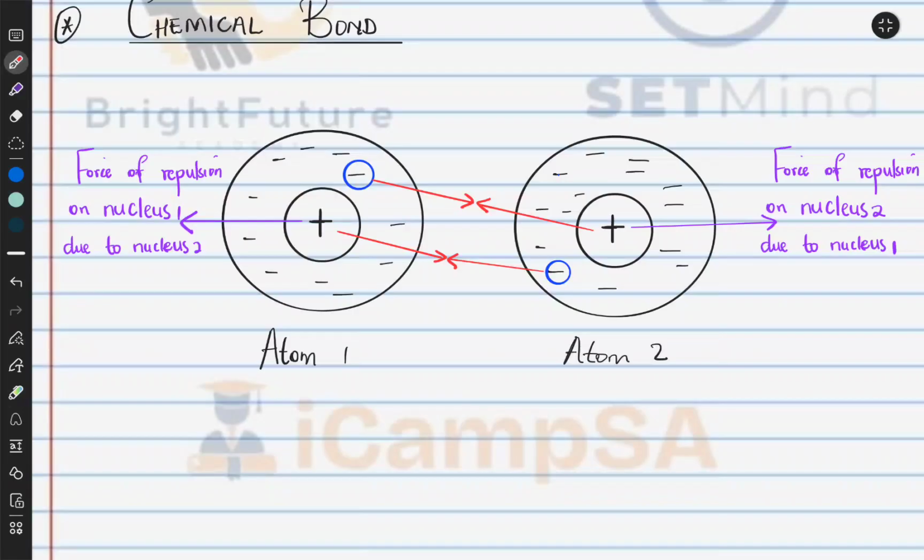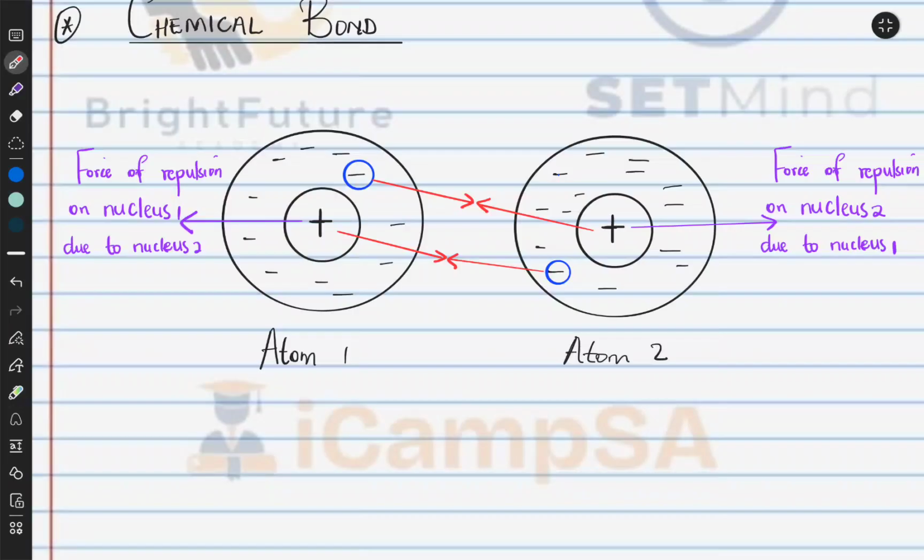There are repulsive forces, which is when the nucleus of atom 1 is exerting a force of repulsion on the nucleus of atom 2, or vice versa, right? Because it's an action-reaction pair. And then there are forces of attraction, which is what the nucleus and the electron clouds exert on one another, right?